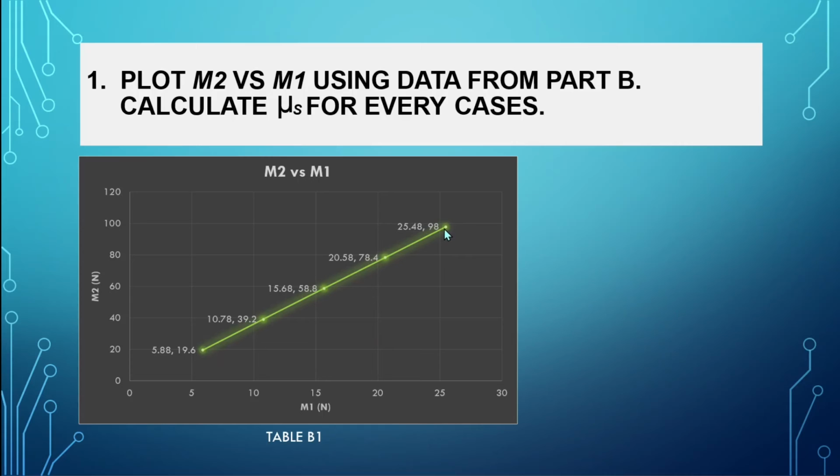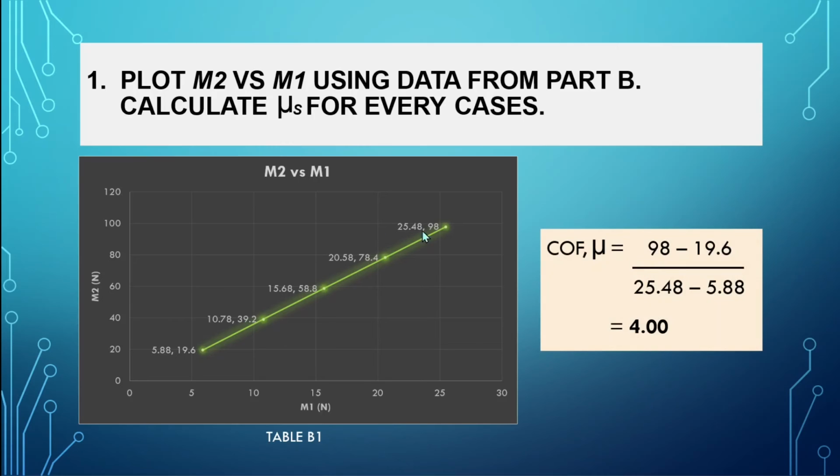Mu s is the gradient of the graph. So for the gradient, you have to draw a big triangle, and you take the highest value minus the lowest value. So the formula will be y2 minus y1 over x2 minus x1.